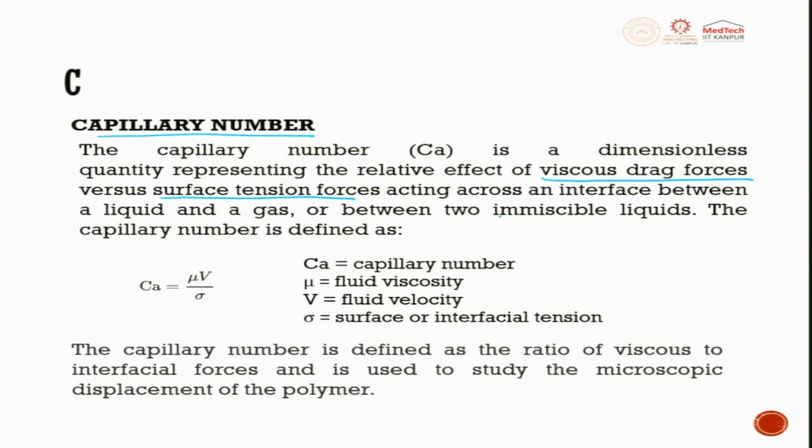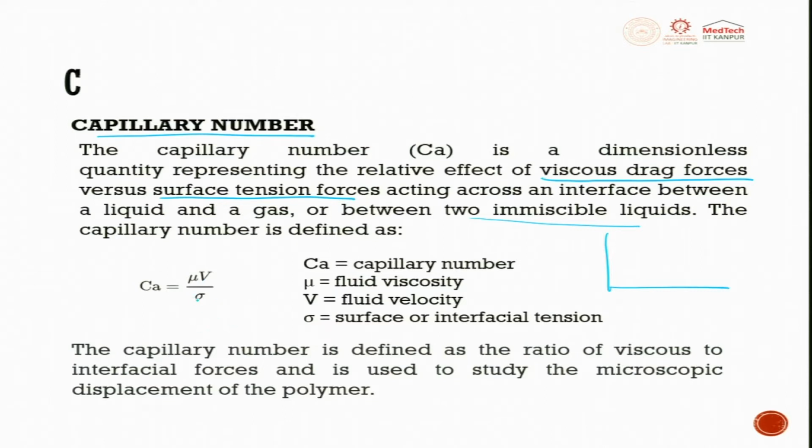So, when we use alloys, it can give you two immiscible liquids. When you try to build a functionally graded material, in some cases you might have these two immiscible liquids, and where you have this interface between liquid and gas, you have a viscous drag force and surface tension force. It is a ratio between these two. The capillary number is defined as mu times V divided by sigma.